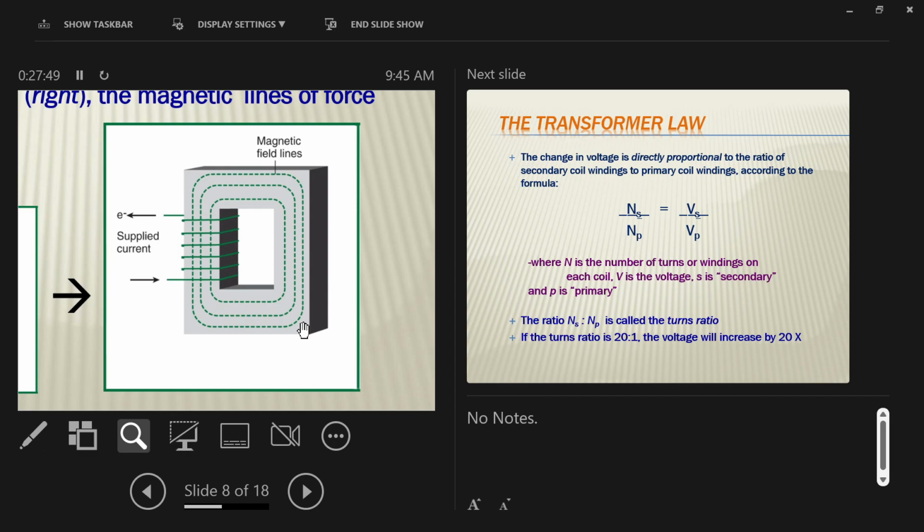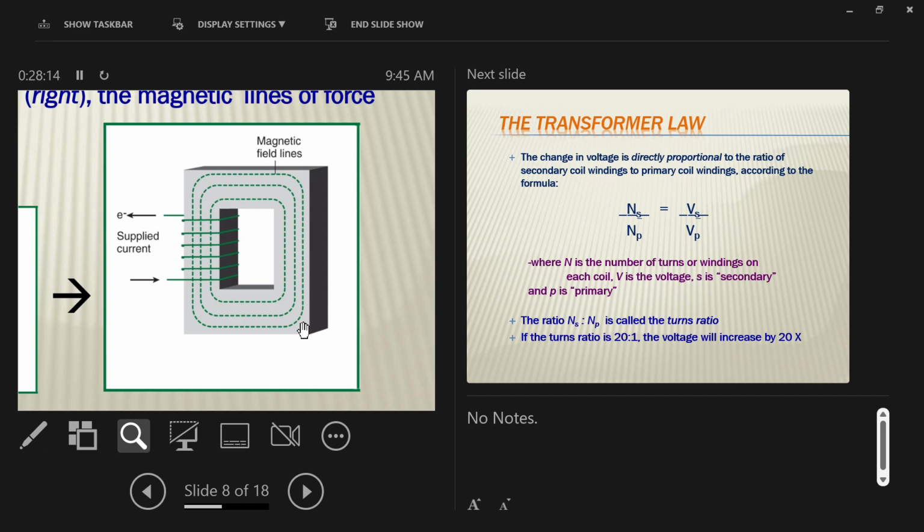So if I'm going to run a fixed amount of amperage through this, but on this side I'm going to add more coils, more coils equals longer wire equals more resistance, right? So I'm going to put 100 coils on this side and 200 wrappings on this side.